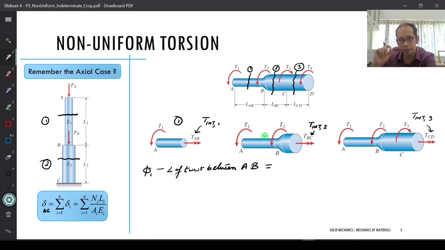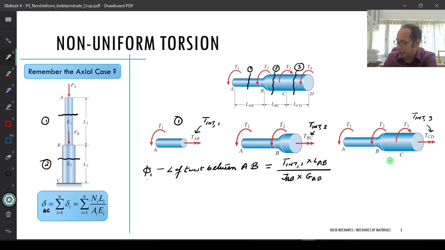I am going to consider the internal torque as I did the internal axial forces here. So it is going to be T1 times the length of that particular section, LAB, divided by J of AB. Remember, the polar moment J for a circular shaft depends upon the radius, times G of AB. If they are made of different materials, they have different shear moduli.